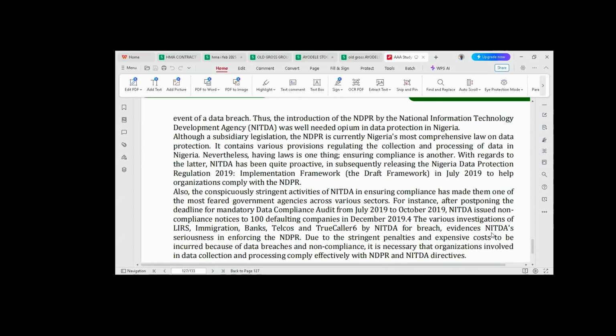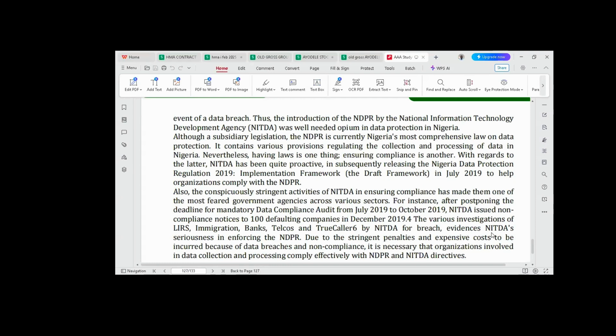All right. So what this says is that all those institutions that have access to our information, like the banks, immigration, telecommunications, the LRS, the FRS, all of them, our information is with them. Okay. So because they have access to our information, that does not give them the liberty to transmit our information without our consent.